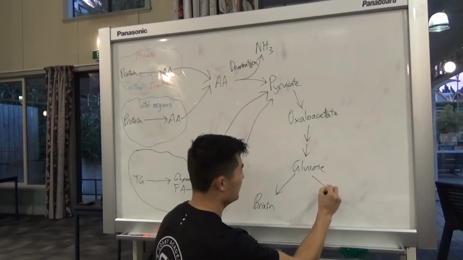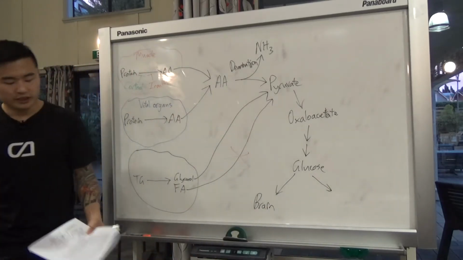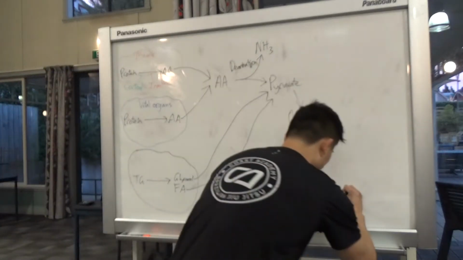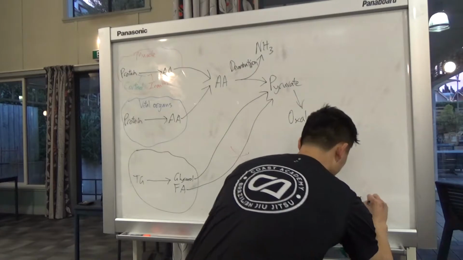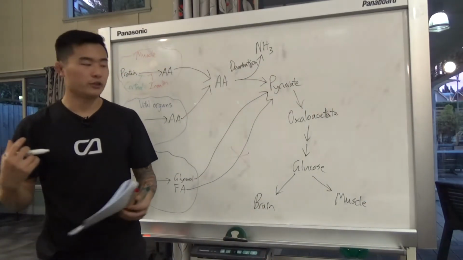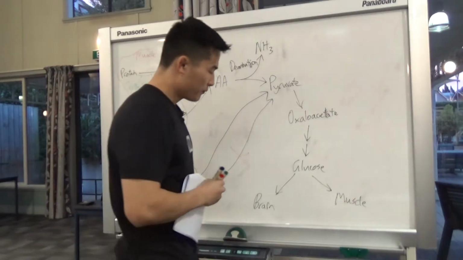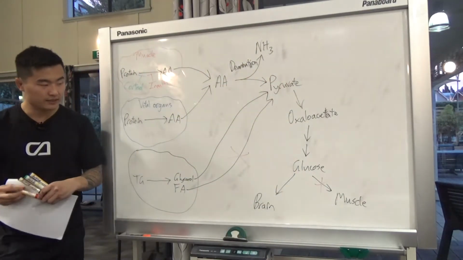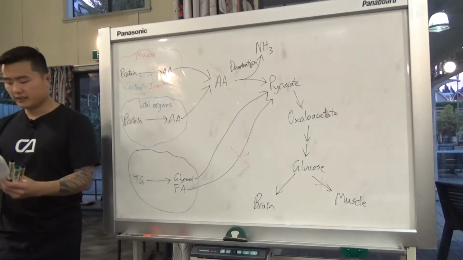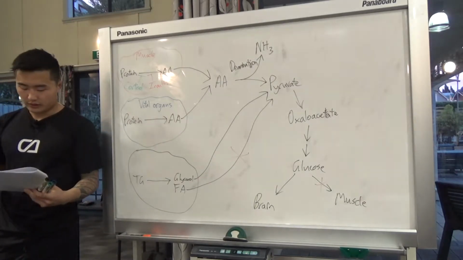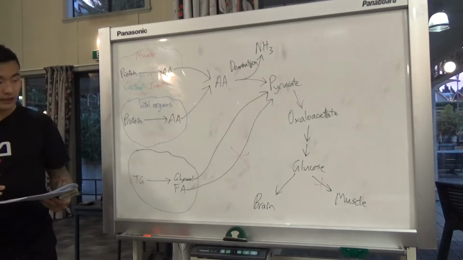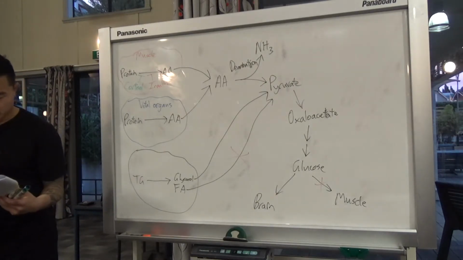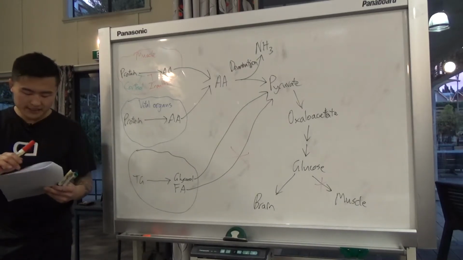Okay, and if we're starving, we don't want the muscles to be taking up the glucose, because we need to save it for the brain. So none of the glucose will be going to the muscle, because there's no insulin telling the muscles to take up the glucose. Okay. So we'll move on to the next page.